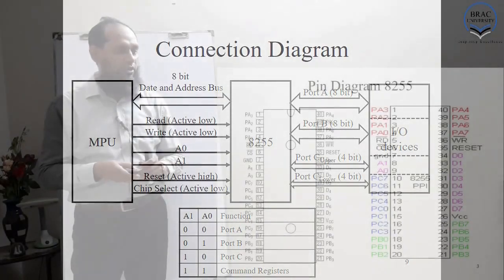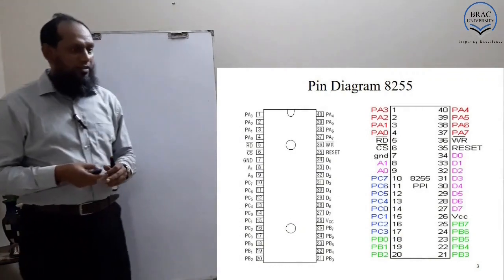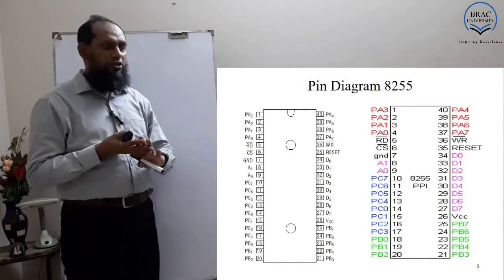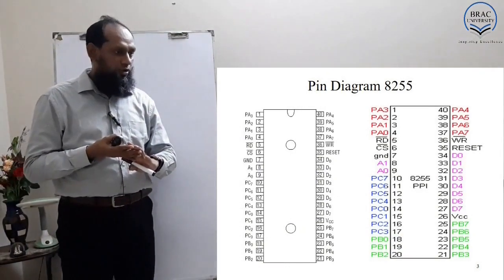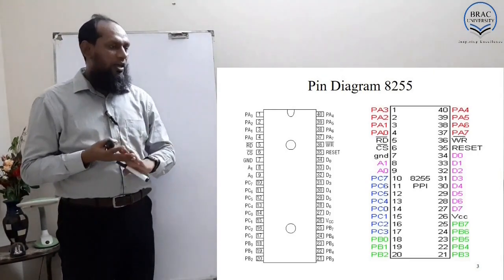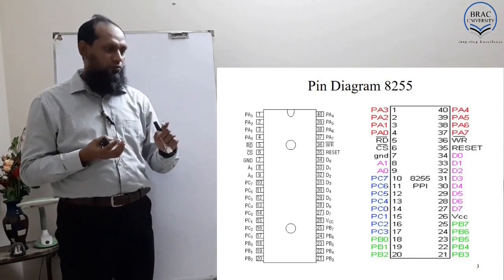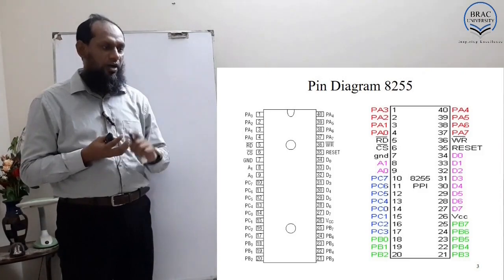Now take a look at this pin configuration. You can see there are 8 pins for port A, which are 1, 2, 3, 4 and 37, 38, 39, 40. Then 8 pins for port B: 18, 19, 20, 21, 22, 23, 24, 25.